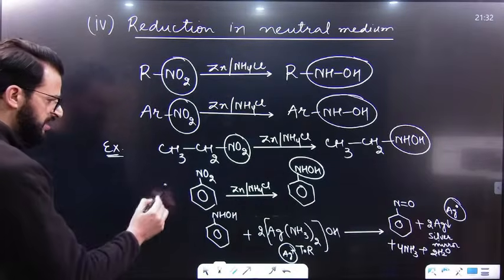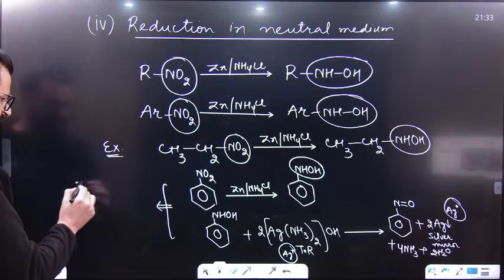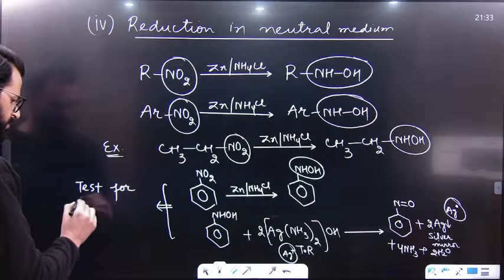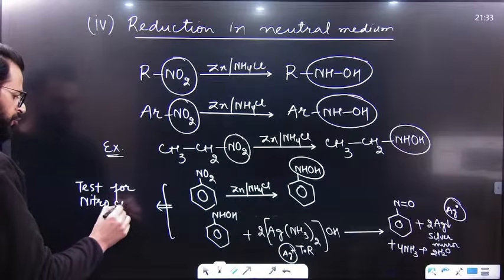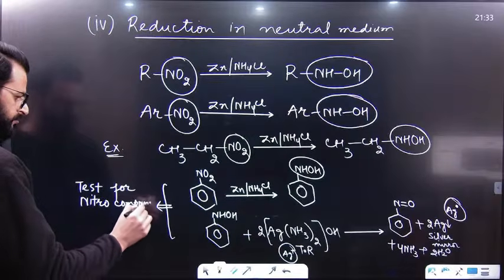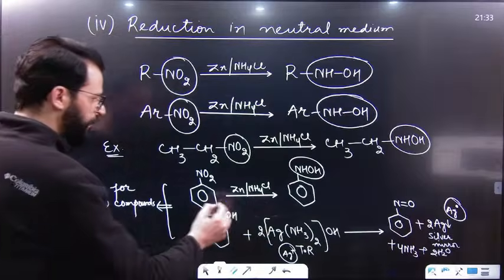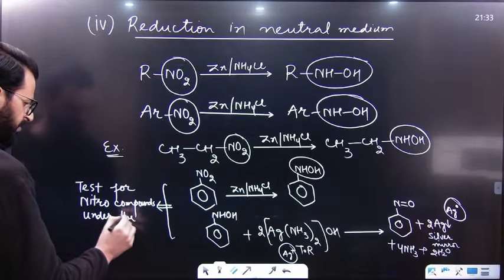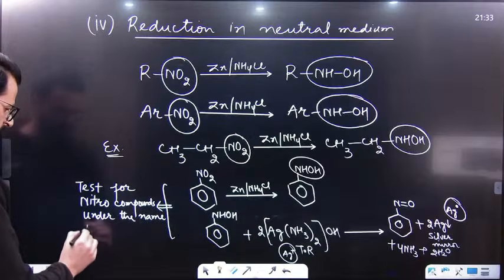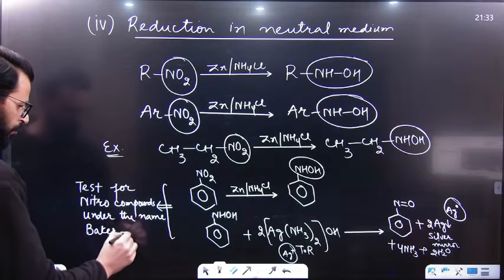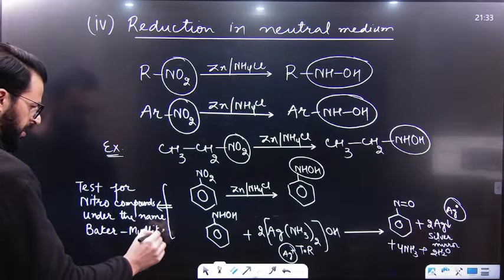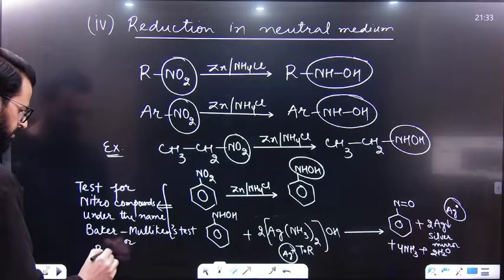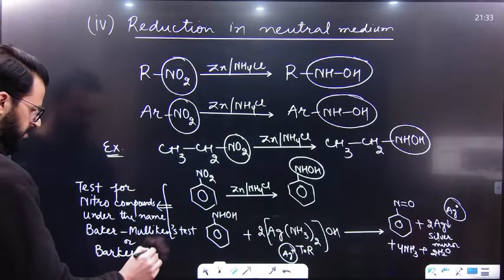So that means this reaction is simply used as a test for nitro compounds. This is used as a test for nitro compounds under the name, remember the name, Baker-Mulliken's test, or sometimes it's written as Barker-Mulliken's test.